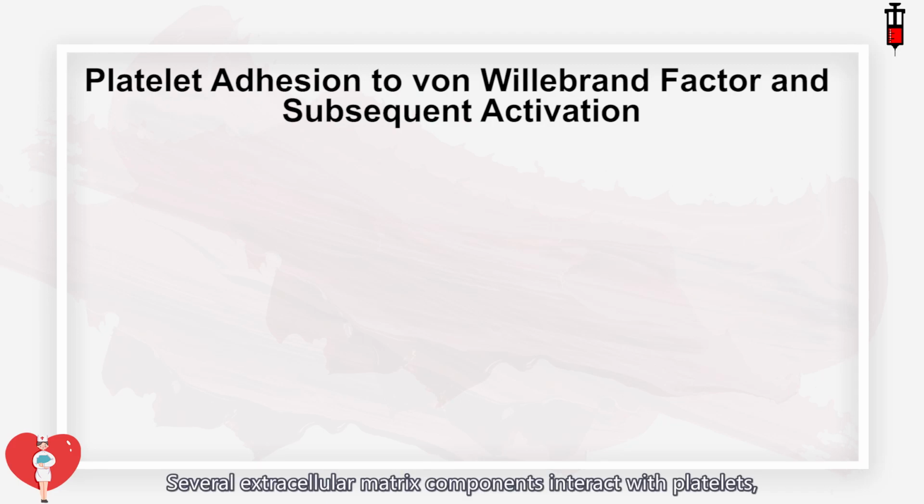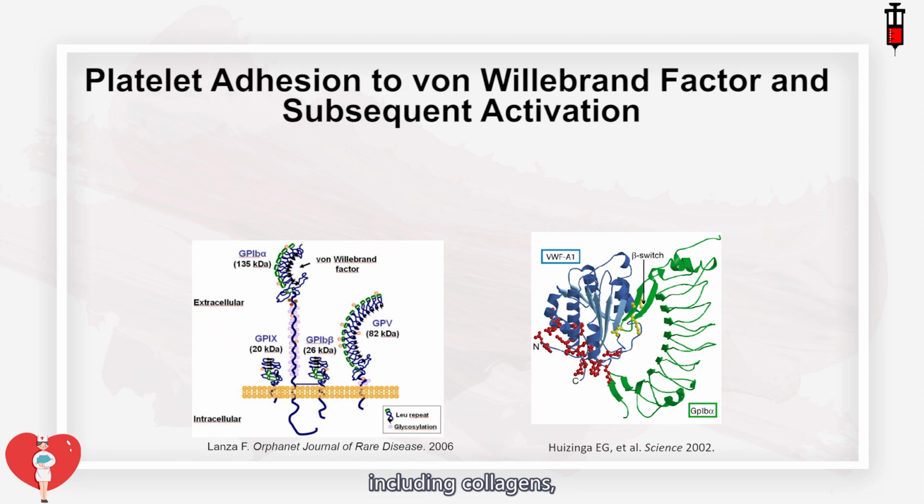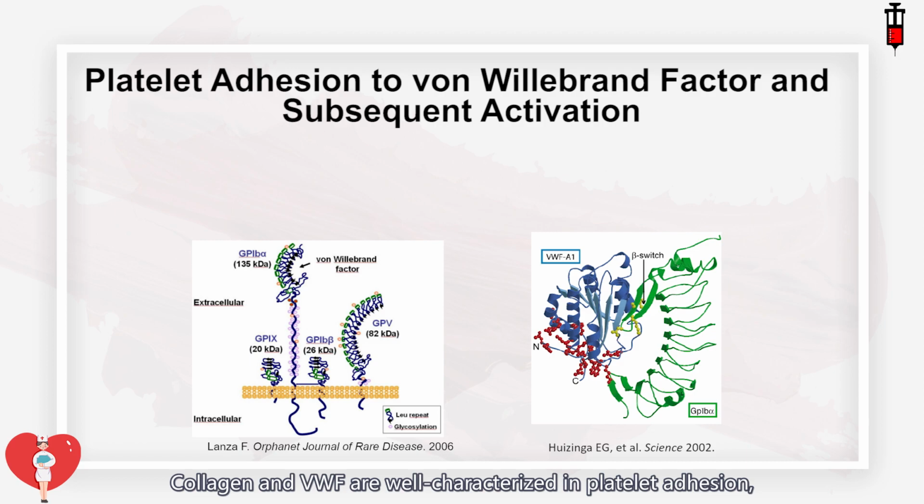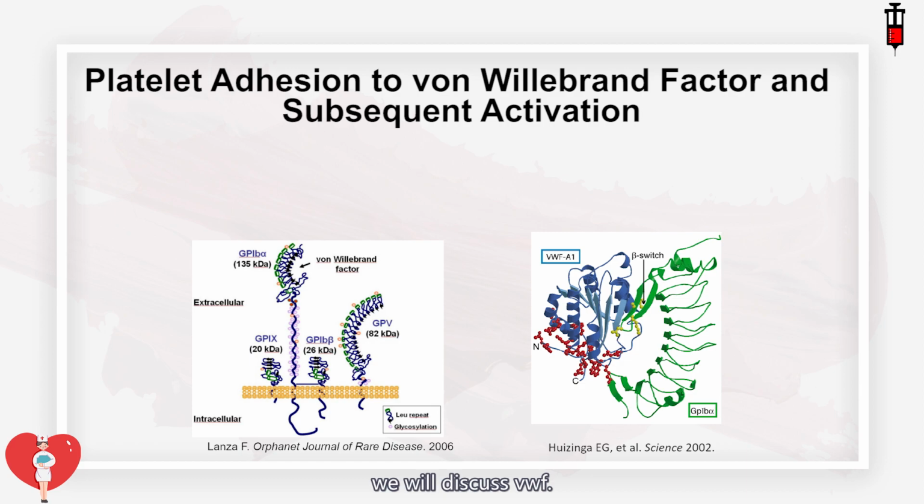Several extracellular matrix components interact with platelets, such as collagens, von Willebrand factor, that is VWF, fibronectin, laminin, thrombospondin 1, and so on. Collagen and VWF are well characterized in platelet adhesion. Today, we will discuss VWF.